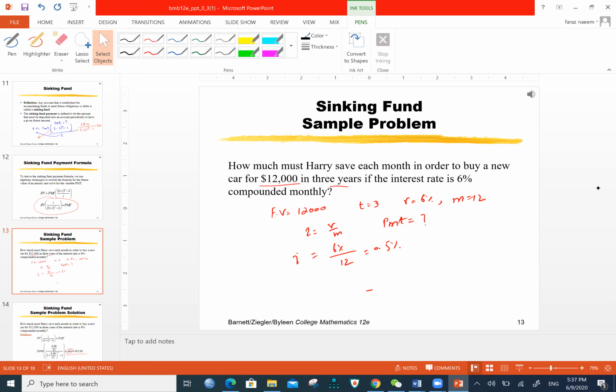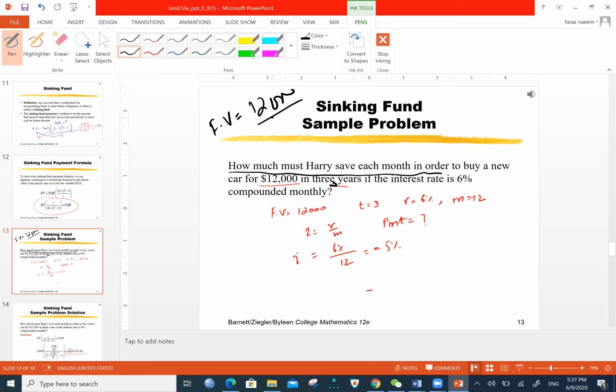How much must Harry save each month? This first sentence tells us that this is a problem of annuity. Each month, how much you need to save? To buy a new car for $12,000 means you want to accumulate $12,000, so your future value is $12,000.